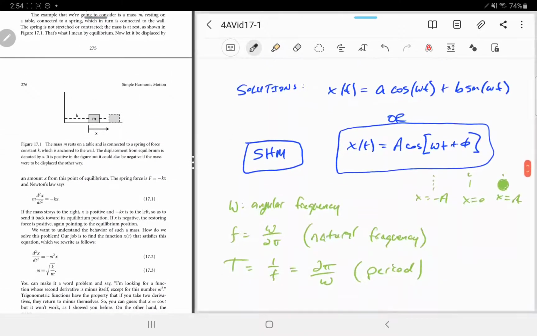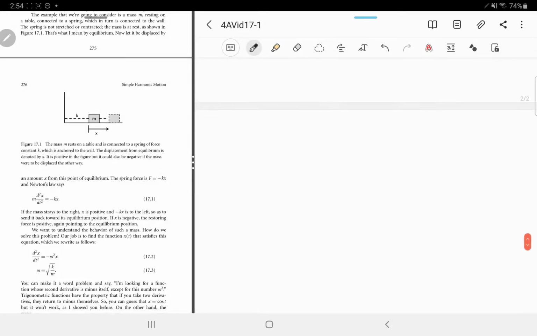Because there's no non-conservative forces, the total mechanical energy is constant. Total mechanical energy is U plus K, potential plus kinetic.